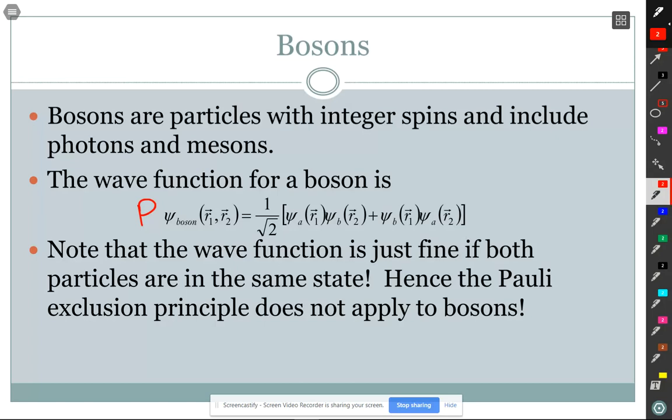If we switch this with this and this with this, so this becomes psi A(r2) psi B(r1), and this is psi B(r2) psi A(r1). Yeah, it's just the same. So the parity operator acting on this is going to give 1, because it's just the same.